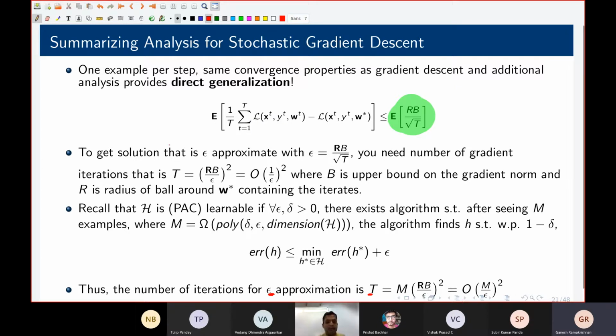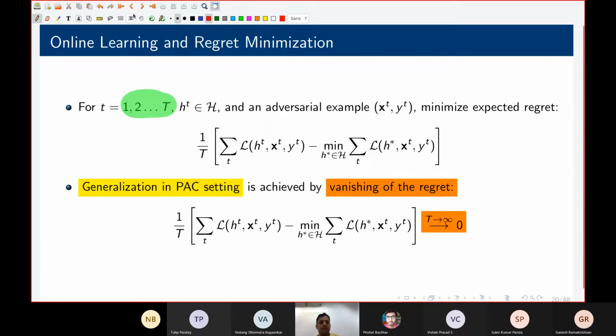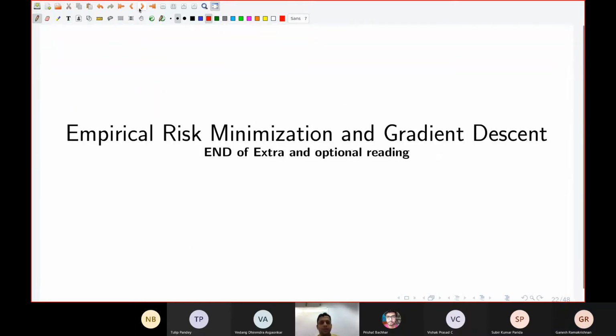But now it's an expectation, the expected. That's where the jargon has changed, because the expectation is over all the t's, the adversarial examples that you pick based on which the hypothesis is grounded. Is that clear?